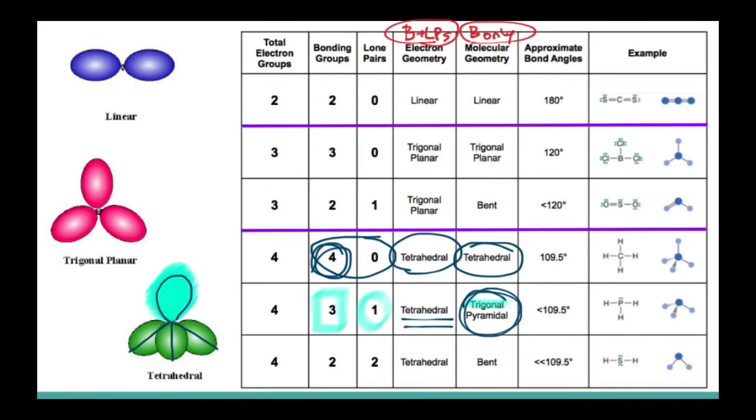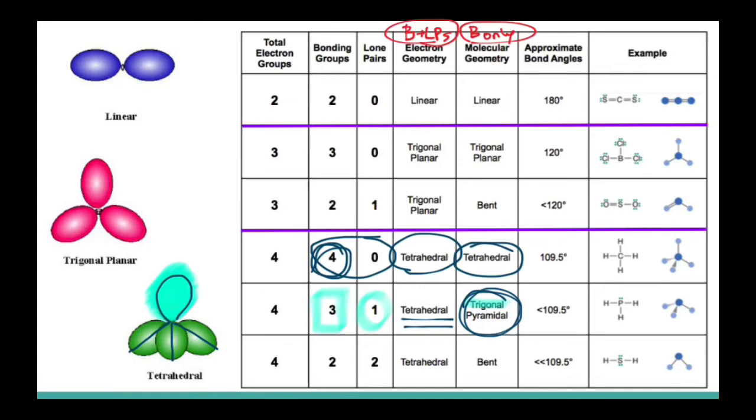But as soon as we talk about the molecular geometry, where those lone pairs are invisible, I'm only seeing 3 things, but those 3 things that make a triangle are going to be pushed towards each other by that invisible lone pair, making it a pyramid.